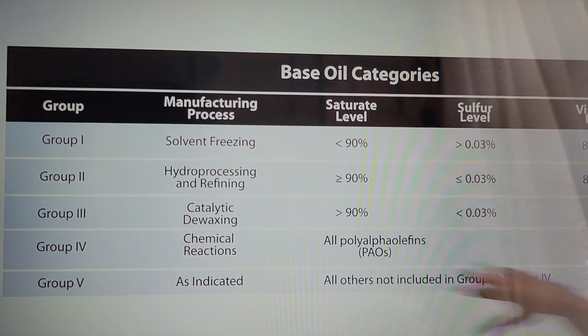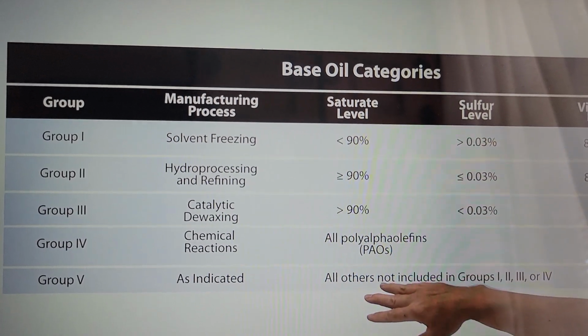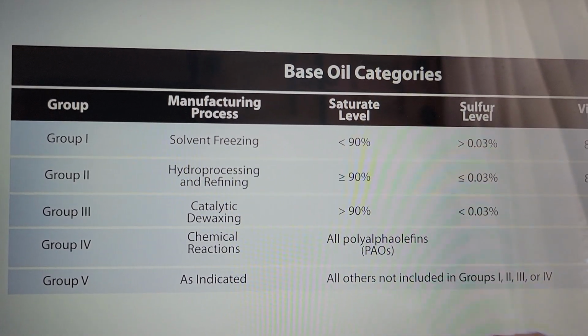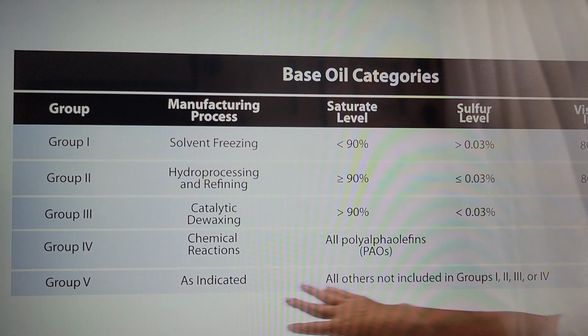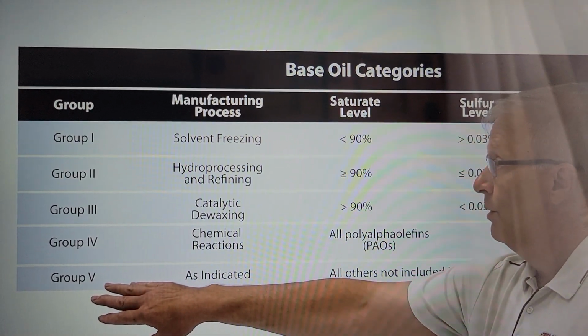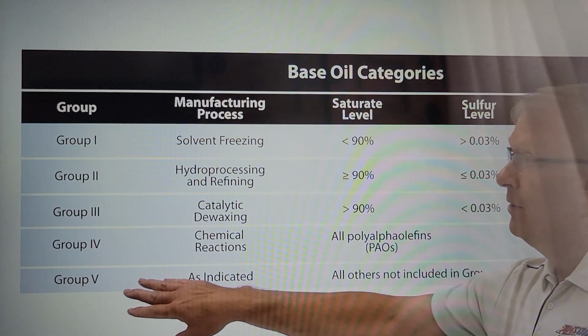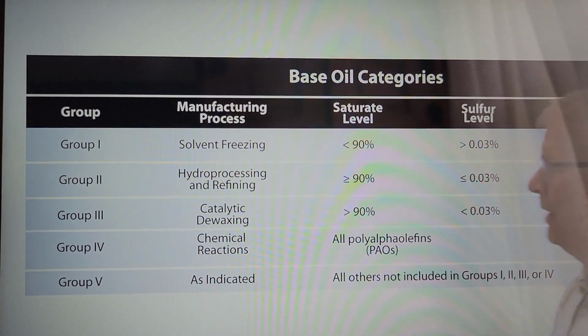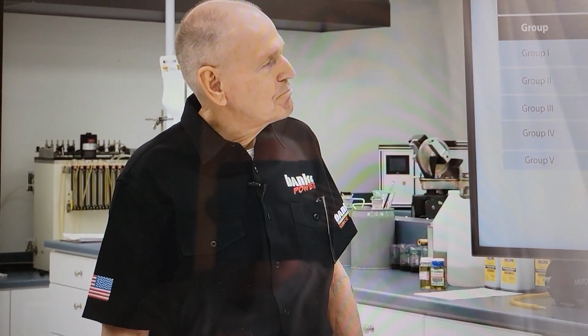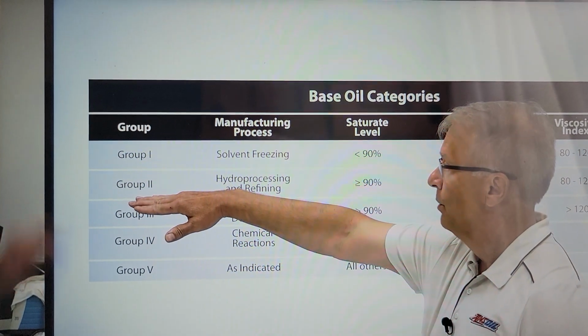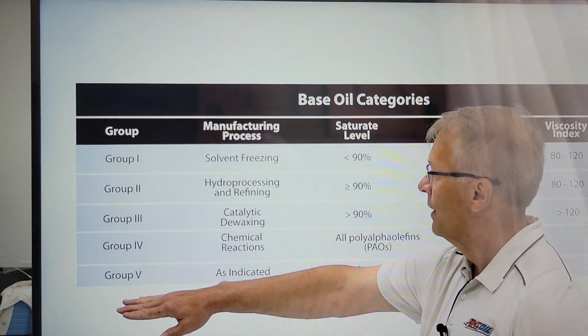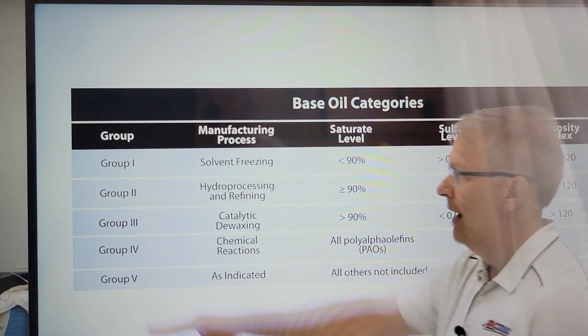They're not included in the others, and there are a lot of specific parameters that define those base oils. Got it. We do use base oils in this group 5 area, other synthetic base oils that impart special properties. And that's kind of it in a nutshell for conventional, group 1 and group 2. Now you're down to synthetic 3, 4, and 5.